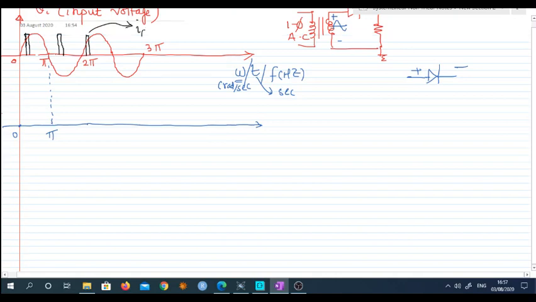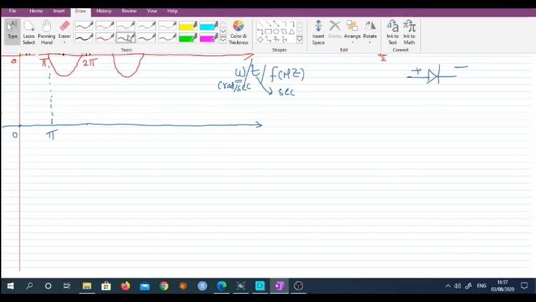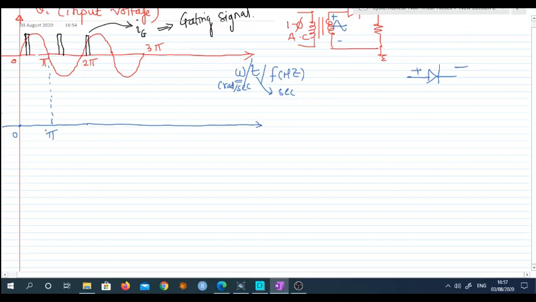Let me denote this as IG, or simply it is called gating signals or gate pulses. Now when this gate pulse is appearing, then what will happen? Then the SCR will start conducting.